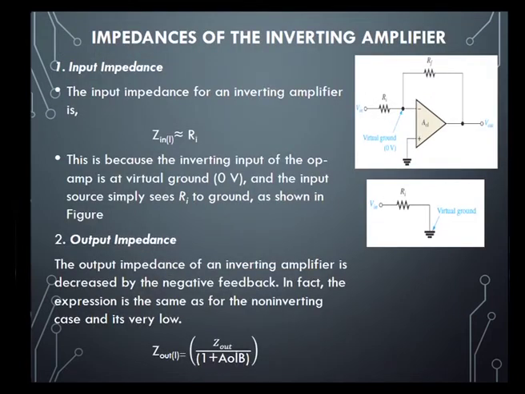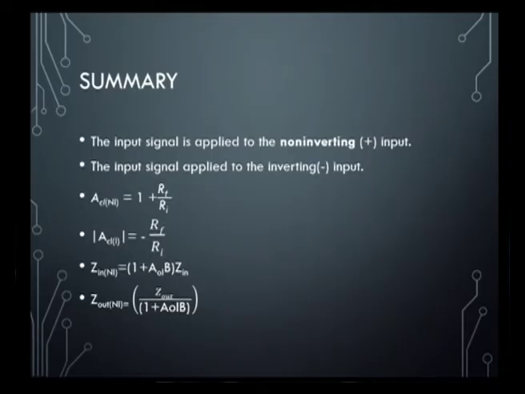Impedance of the non-inverting amplifier can also be found, and for the inverting amplifier the input impedance Z in is equal to RI, and for the inverting output impedance the value will be Z out divided by 1 plus open loop gain into B, that is the attenuation factor. Finally, the summary: if the input signal is applied to the non-inverting input terminal, it is called a non-inverting amplifier.